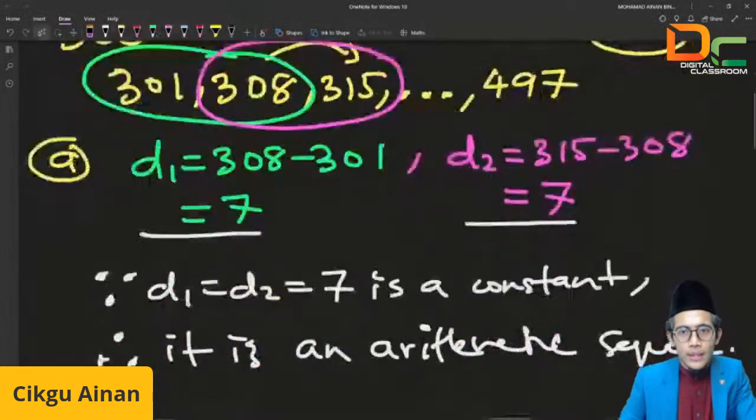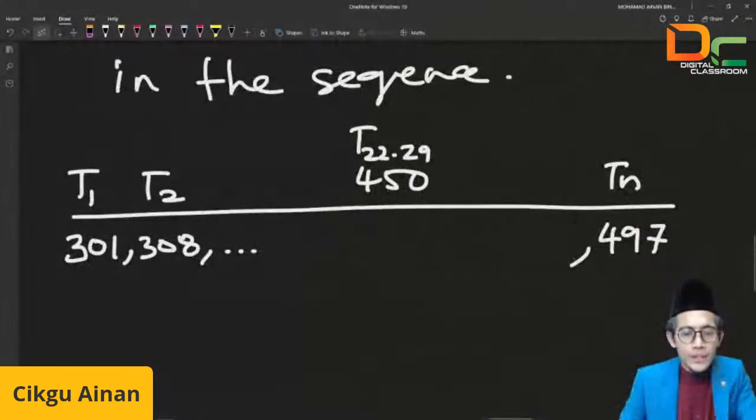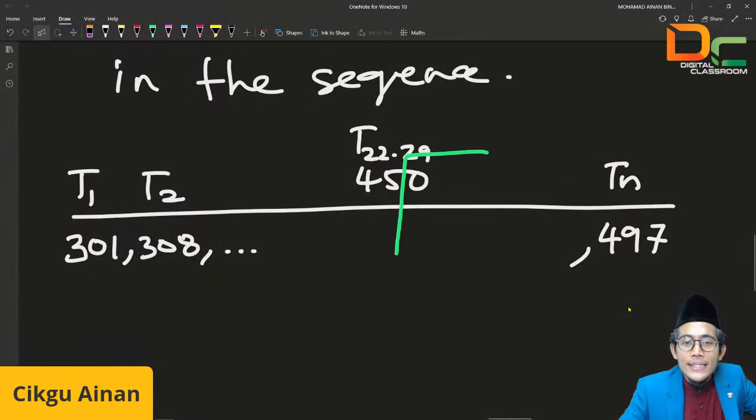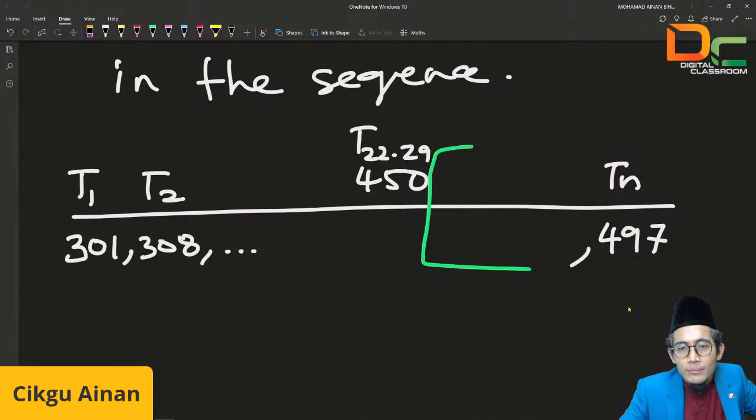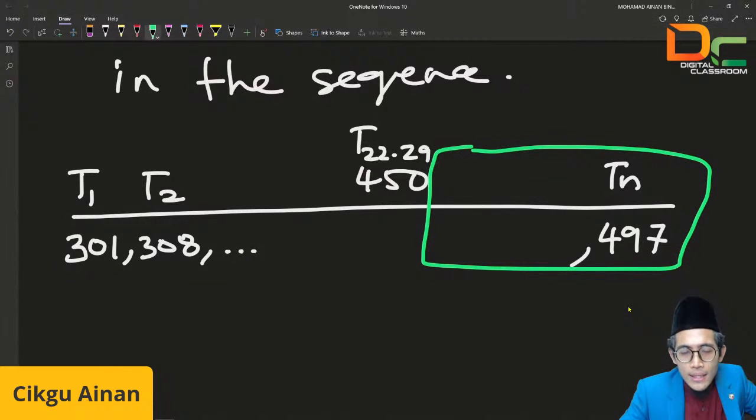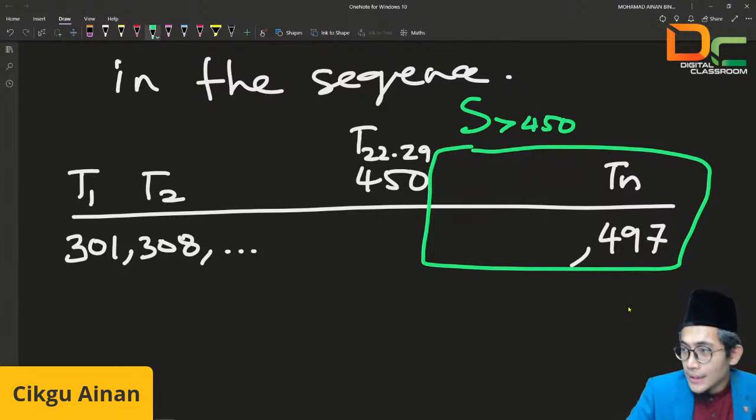Sum. Greater than 450 where? Right hand side over here, tapi tak masuk 5 tu. Ini yang kita nak.